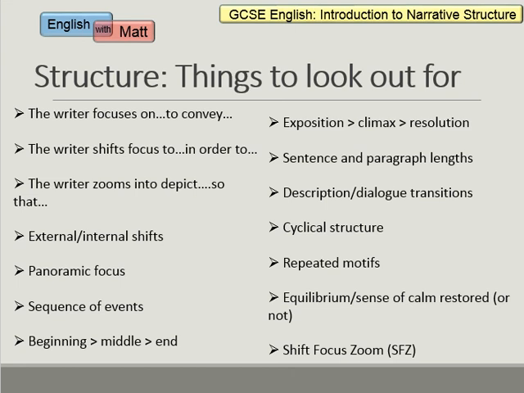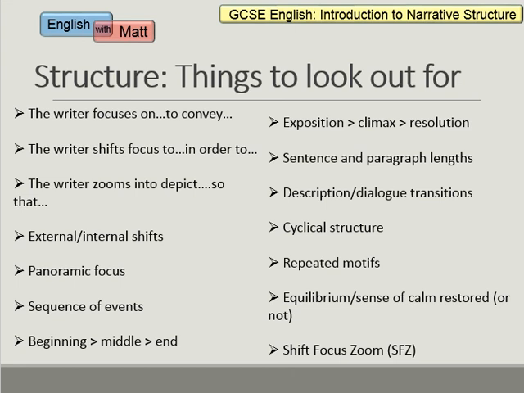A slightly more complex term is equilibrium, which means a sense of calm or order that's restored, or not, as the case may be. So it might be a false sense of equilibrium. So if you have, for example, let's say in the middle of an extract, which is the climax, a robbery in a shop, and at the end of the extract, the robber gets caught, the old lady gets her purse back, and everything returns to how it was before.